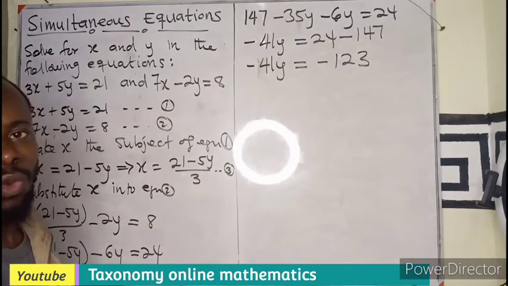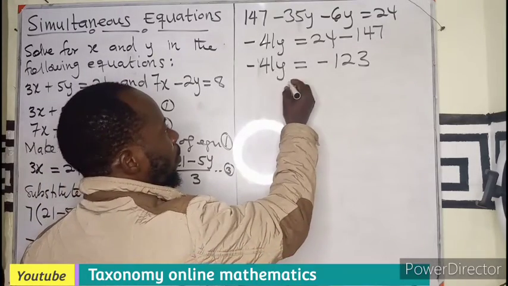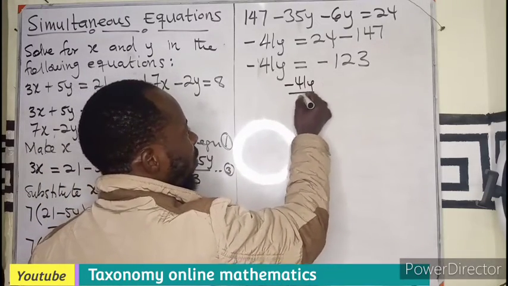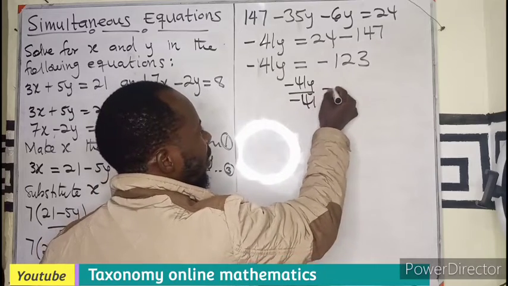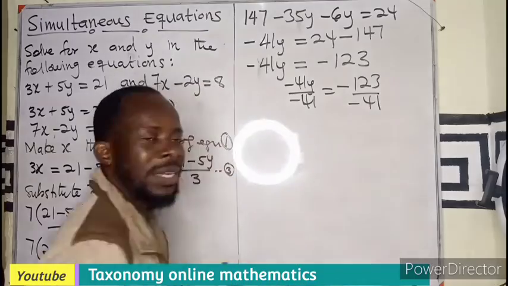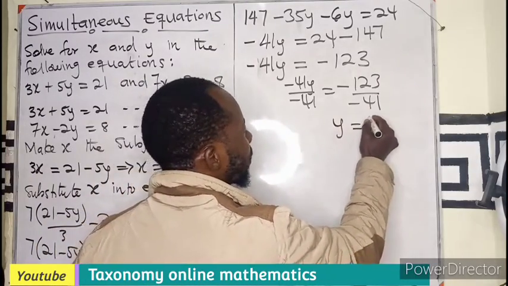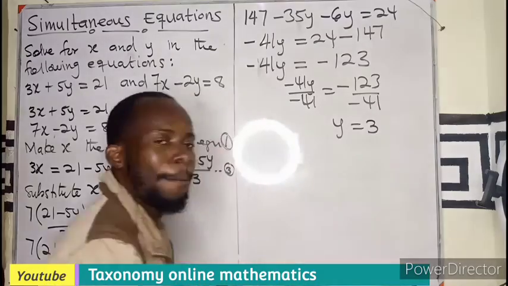We need our y, so what do we do? We divide through by the coefficient. So minus 41y over minus 41 equals minus 123 over minus 41. By cancellation, your y is going to be 3.